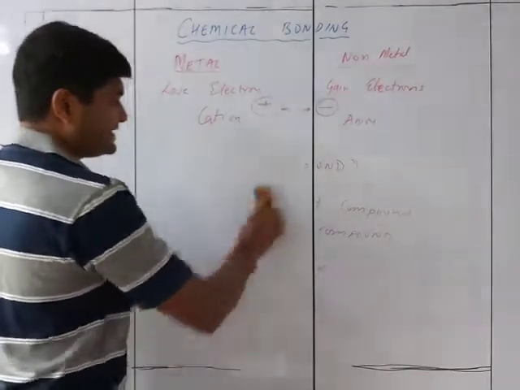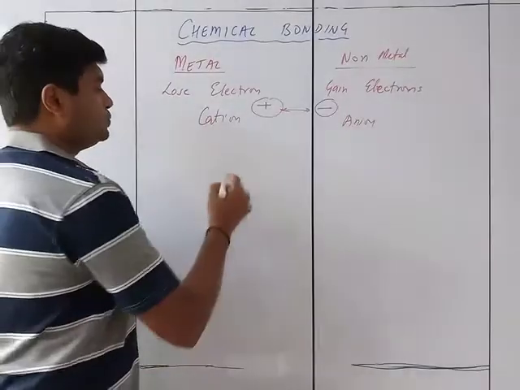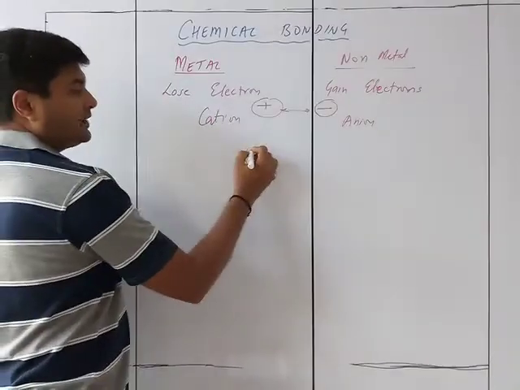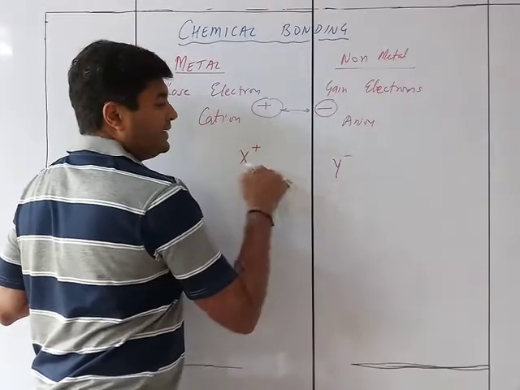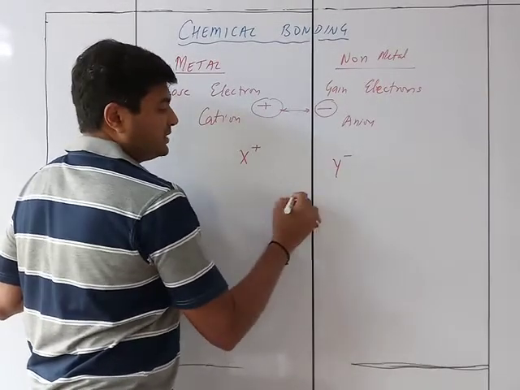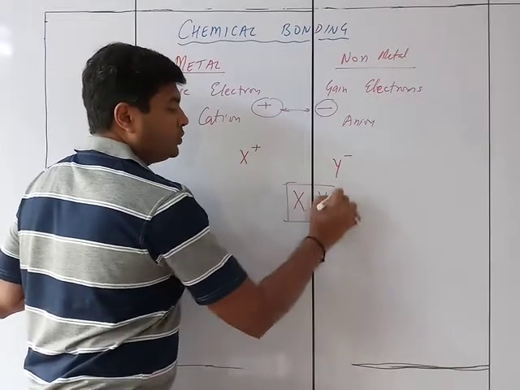We can take a simple example: let's consider there is one X which has lost an electron and become X plus, and the Y has accepted that electron and become Y minus, hence the formation of XY as a molecule is going to take place.